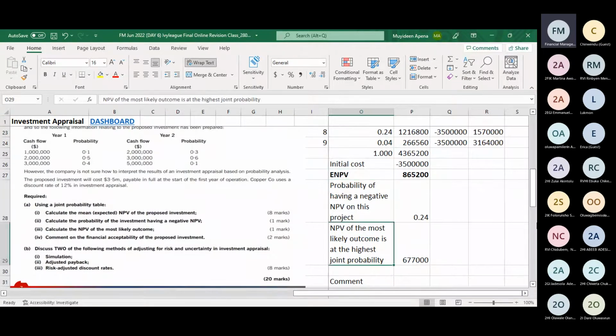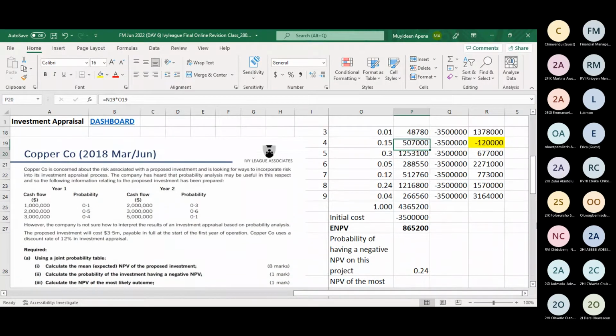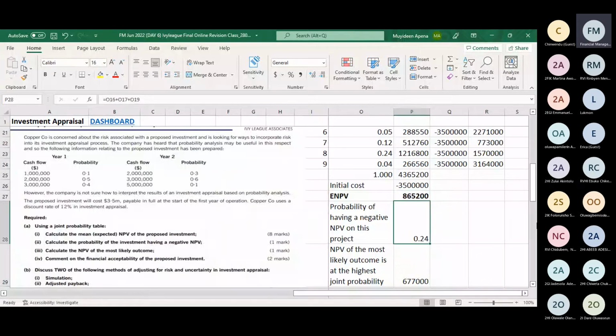So you now said 24% is a lower probability. Is that what you are saying? You would see 24% as a lower probability. If a company is running a risk of 24% probability of having a negative NPV, is that not significant?